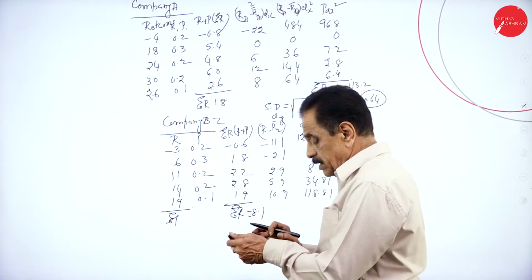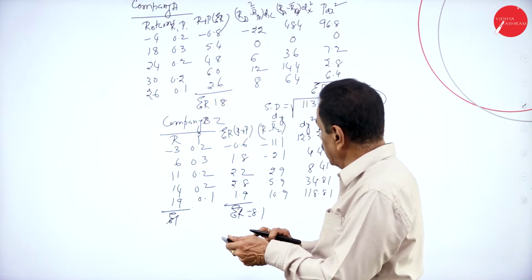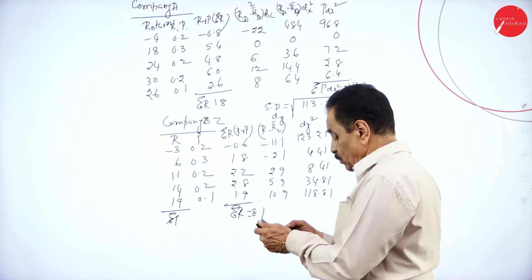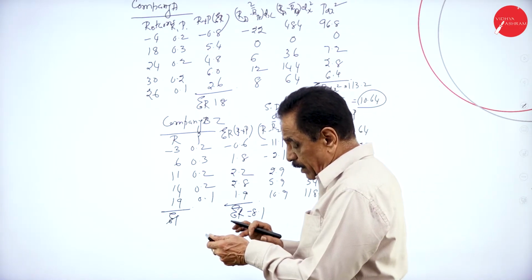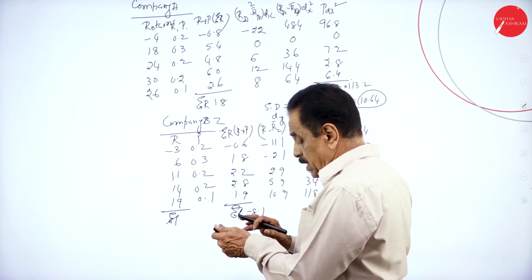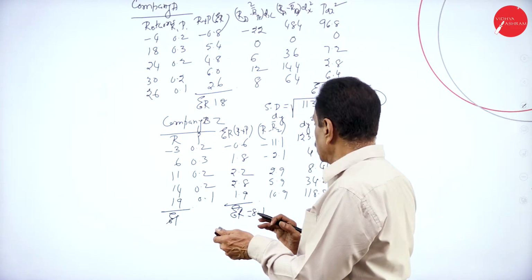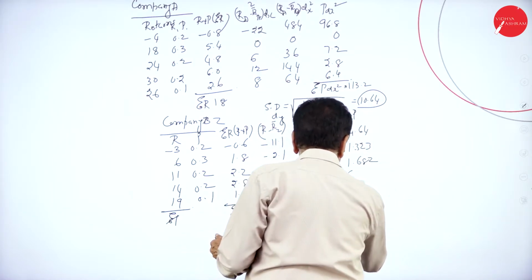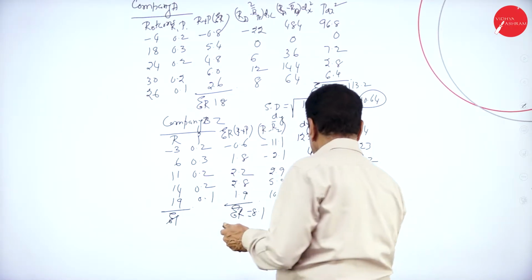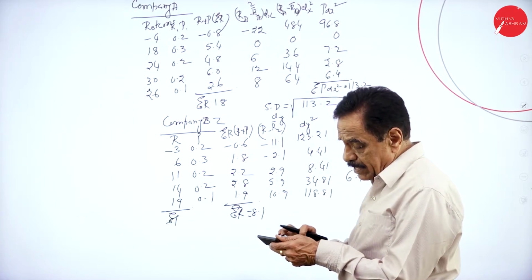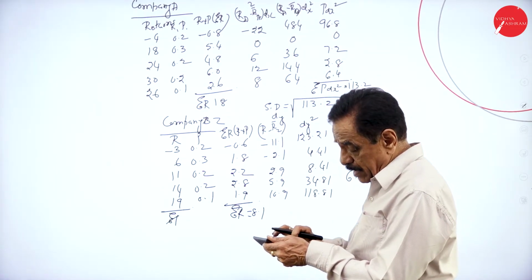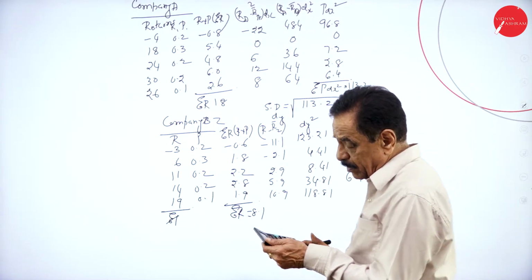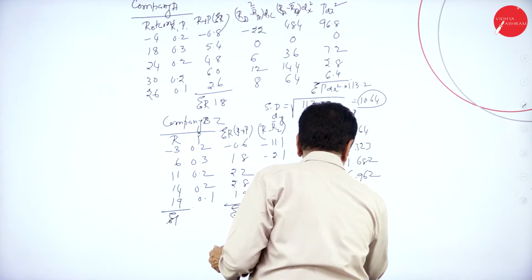I will repeat, 8.41 into 0.2, 1.682. 34.81 into 0.2, 6.962. 118.81 into 0.1, 11.881.